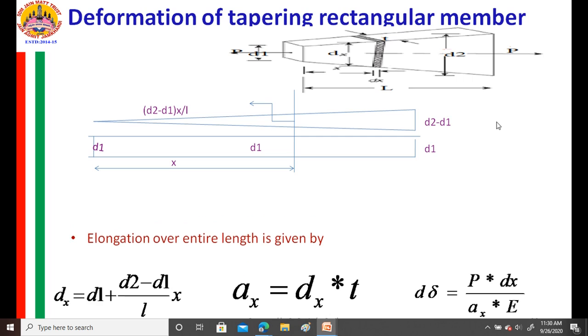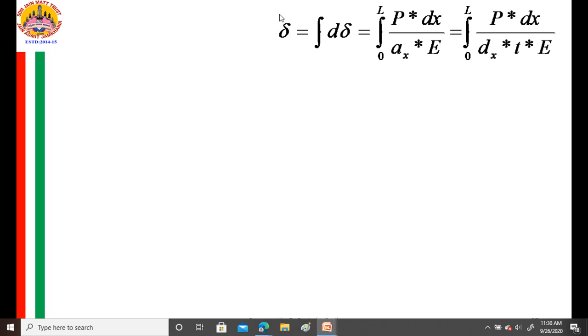The elongation of the entire length is given by delta is equal to integration of del D. Del D is equal to P dx divided by A subscript x into E. Therefore, integrating it from one end to the other end, 0 to L, P dx divided by A subscript x into E. What is the value of A subscript x?